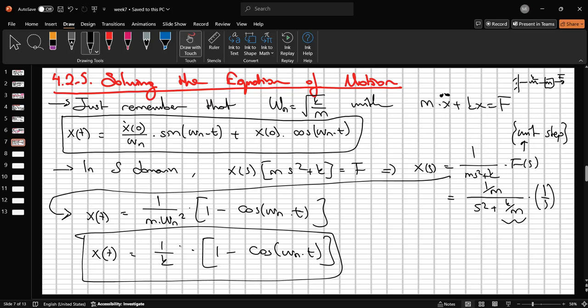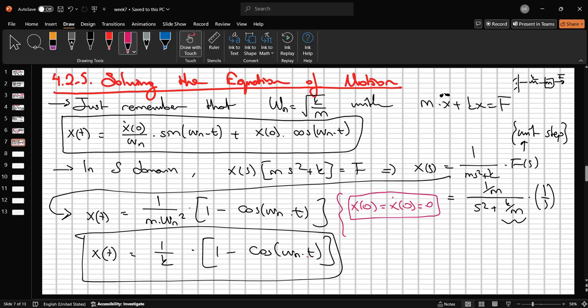We don't have any initial condition in here; for this case, if we solve this equation, x0 and x dot 0 are equal to 0, okay? So we have this formulation, and just see that x(t) is equal to 1 divided by k times (1 minus cos omega n t). This is the solution. Okay?